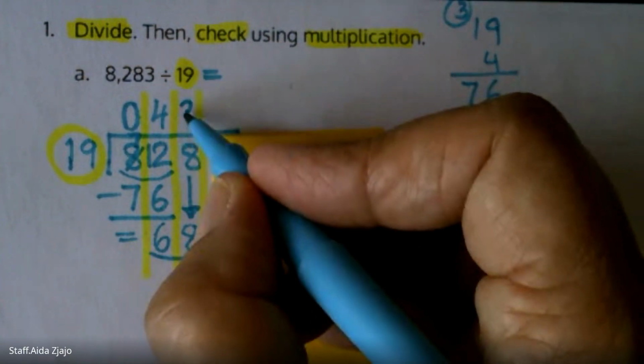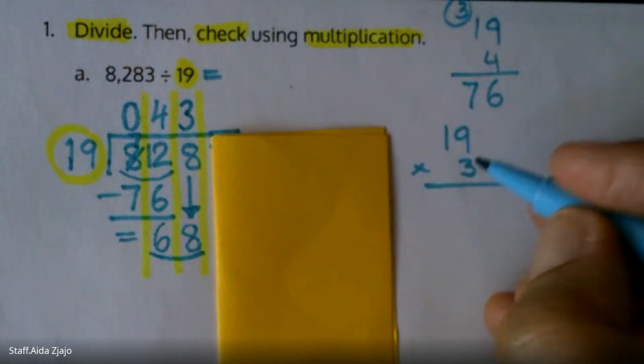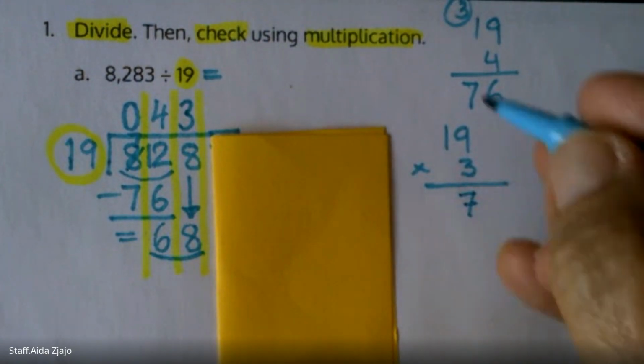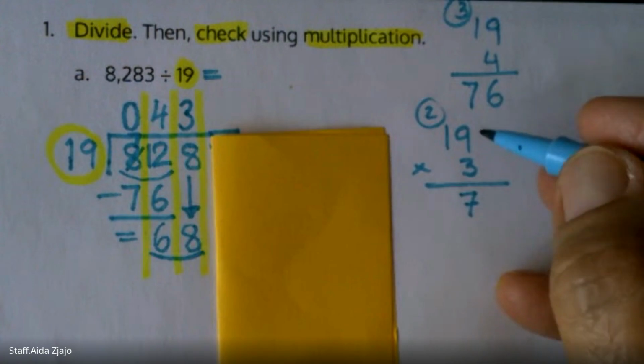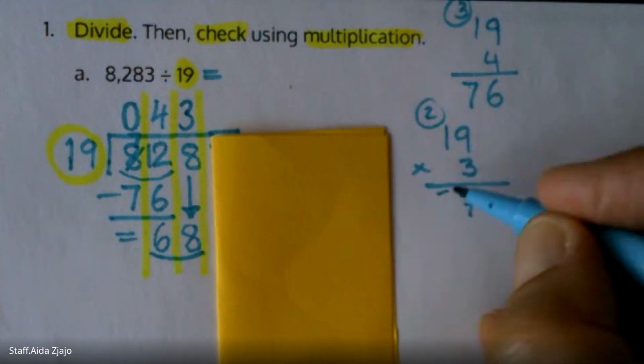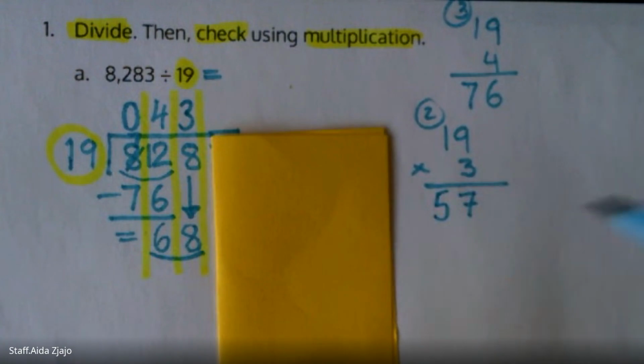So if you do 3 times 9 is 27. Remember 2. And 1 times 3 is 3, plus 2 is 5, so it's 57.